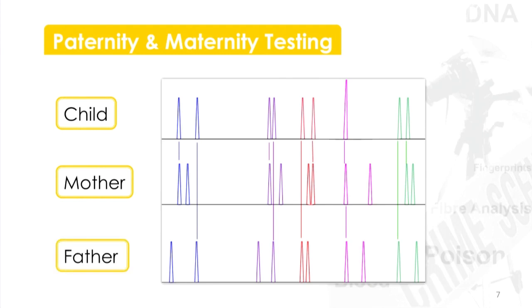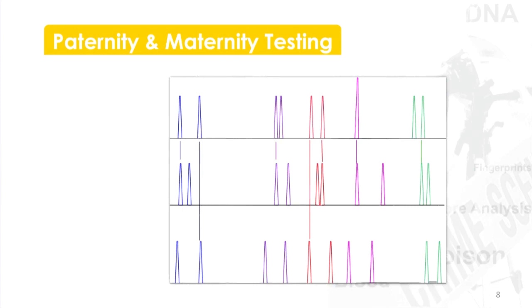And you can see that within each pair of STRs of the child, one of them comes from the mother and the other one comes from the father. And this is strictly true. Every single STR will match up in this way. If there isn't a match, then maybe that isn't the true parent.